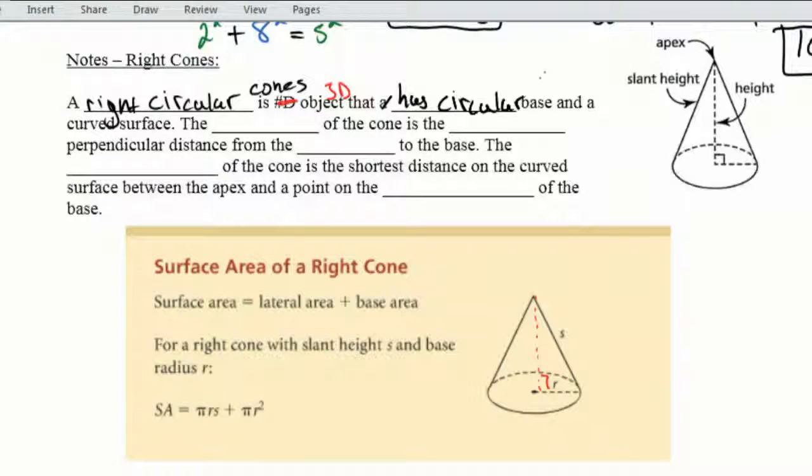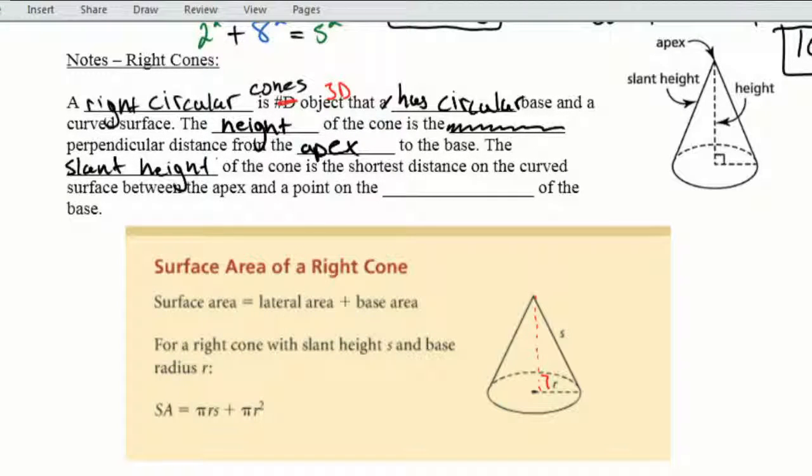So you guys have seen cones. They're pretty common shapes. The height of the cone is the perpendicular distance from the apex, just like our pyramids from before. That point at the very top is the apex, to the base. And then we also have this slant height as well.